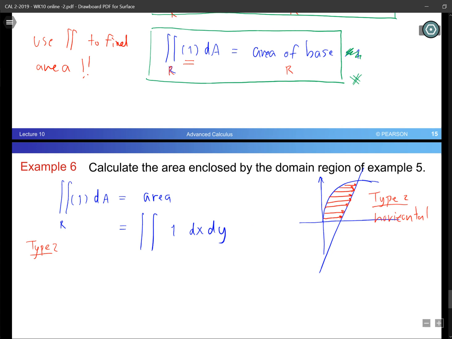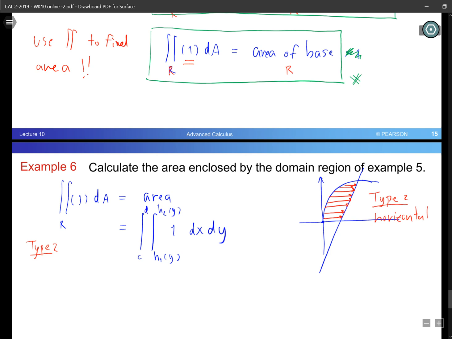So with this, we are supposed to specify the left-hand function, that is h1(y), and the right-hand function, that is h2(y). And we also need to specify the whole range of y, from c to d.